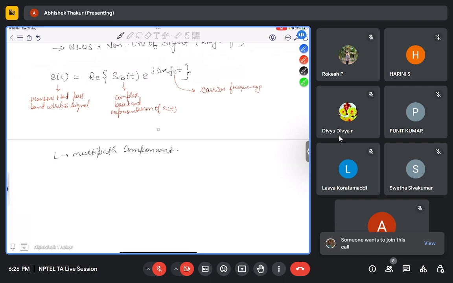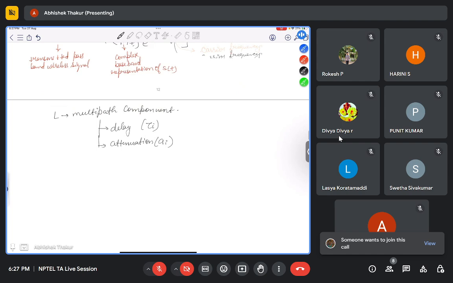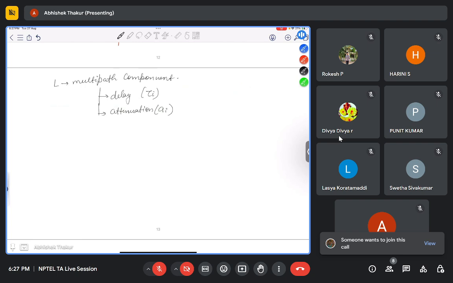First, there will be some delay, tau_i, the delay of each transmitted signal, and there will be some attenuation, given as a_i. For a linear time invariant system, the impulse response which attenuates the signal by a_i and delays by tau_i is given as h_i(tau) equals a_i delta of tau minus tau_i, where delta is the unit impulse function.